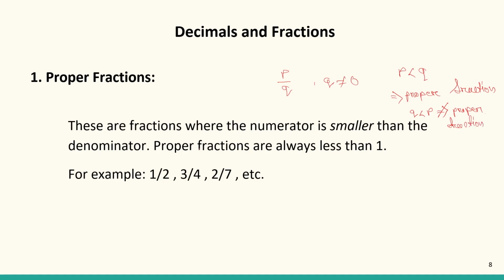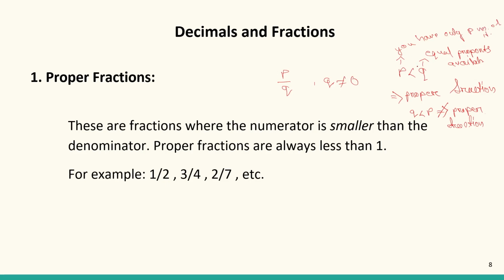So proper fractions are always less than 1 because p is less than q. What it means is you have q equal proportions available, out of which you have only p of them.